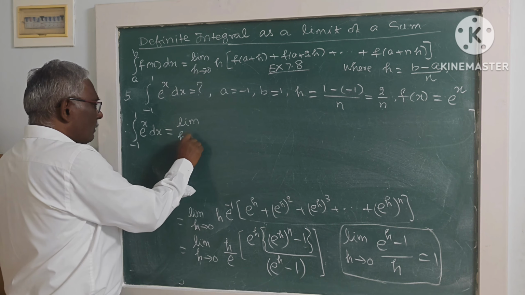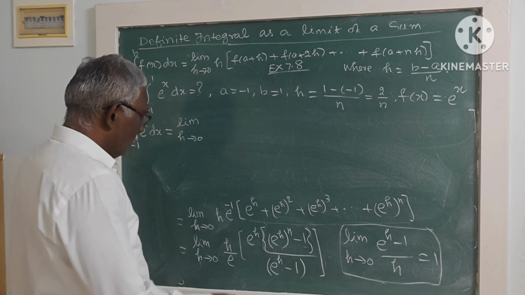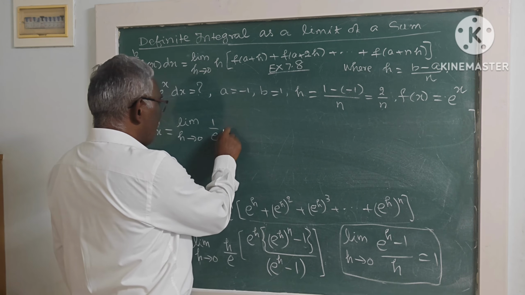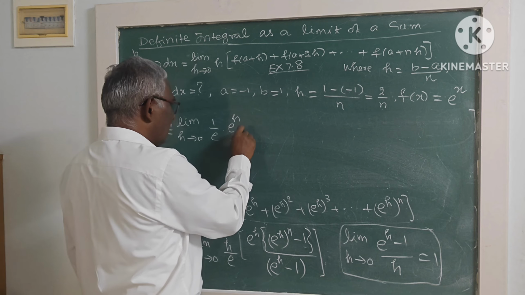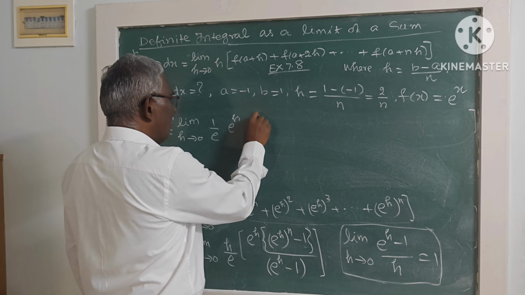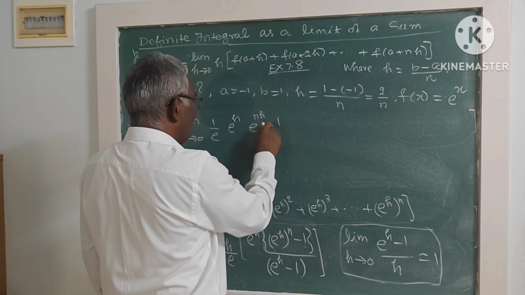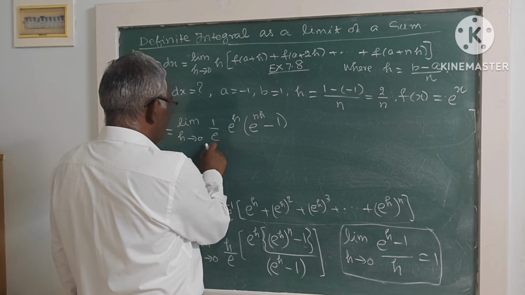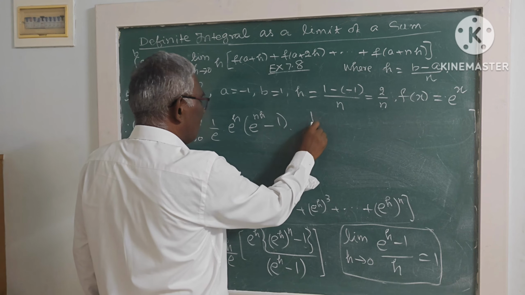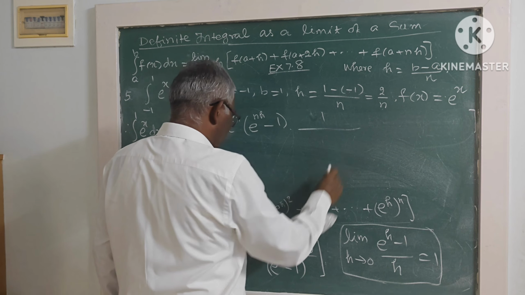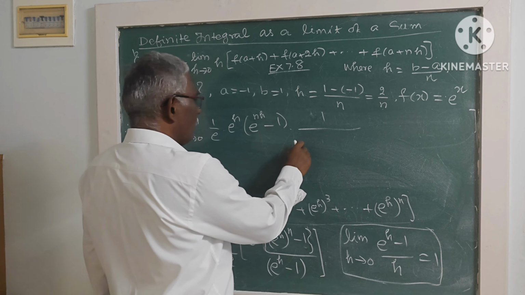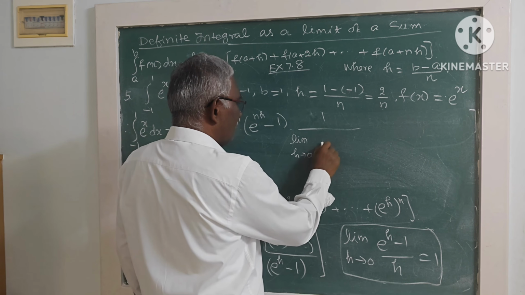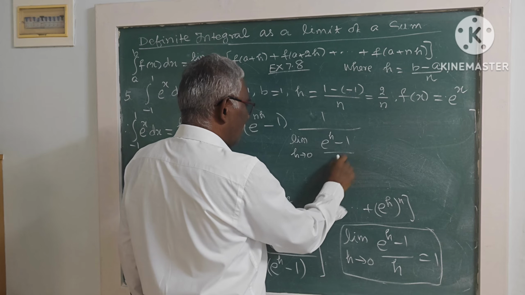So limit h tends to 0, 1 by e, then e power h, e power nh minus 1 by limit h tends to 0, e power h minus 1 by h.